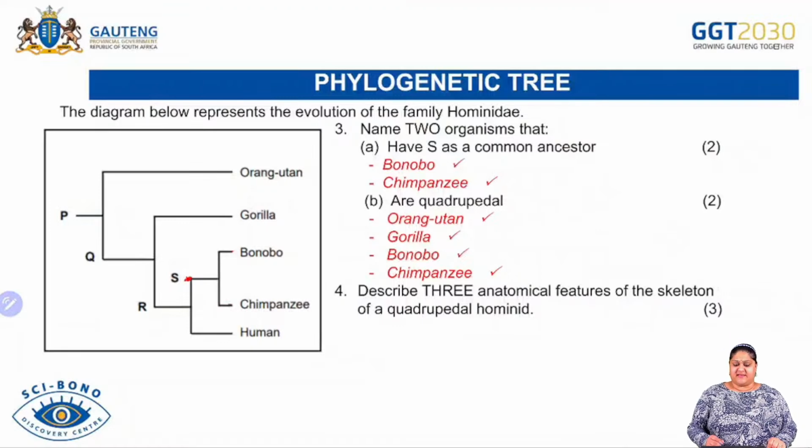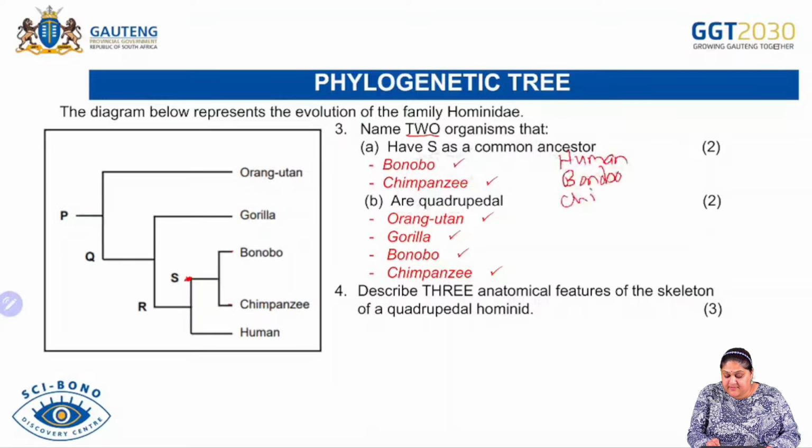Let's just talk about that a little bit of exam techniques. If they ask you for 2 organisms, then they want you to only mention 2. So that means, for example, for this one over here, have S as a common ancestor. If you had said human, then bonobo, then chimpanzee, how it would be marked is as follows.